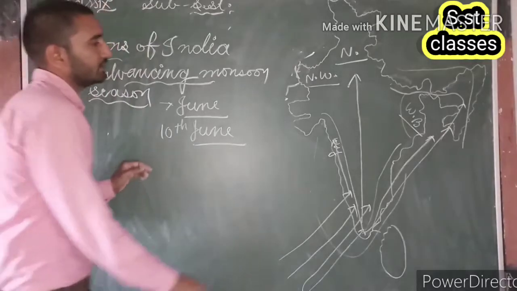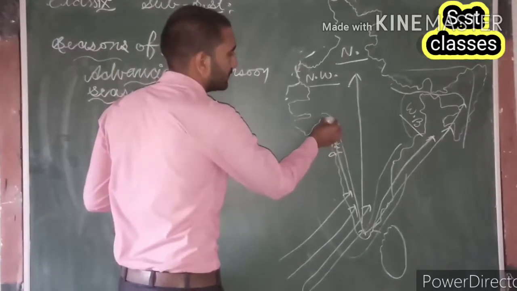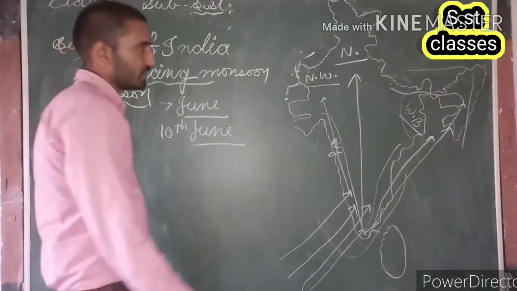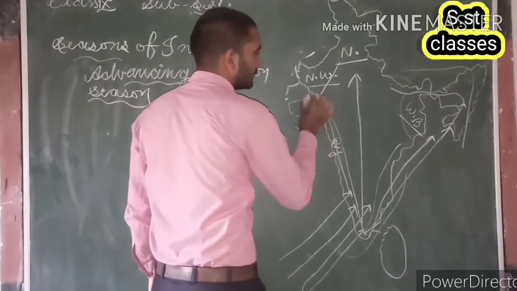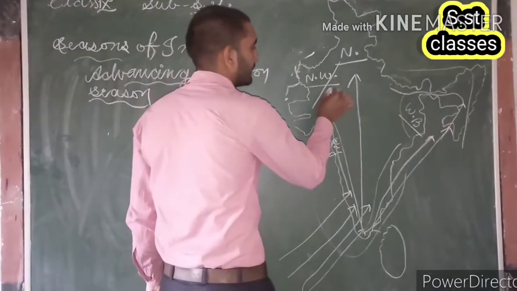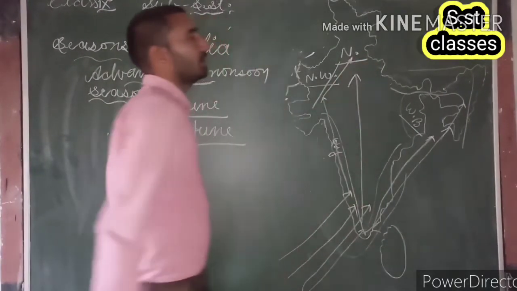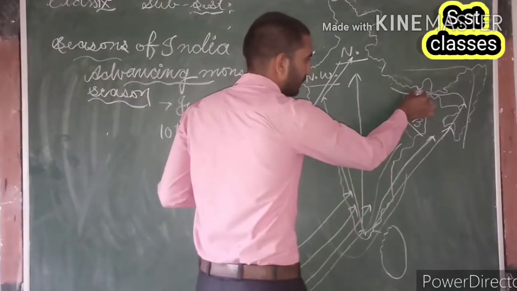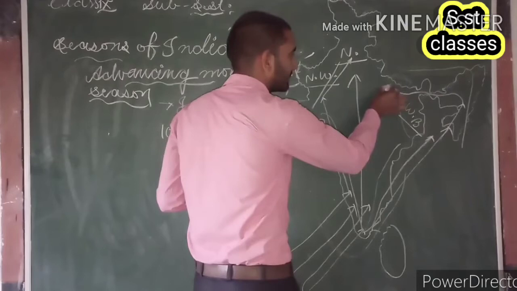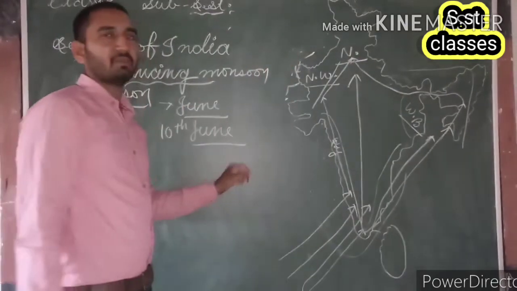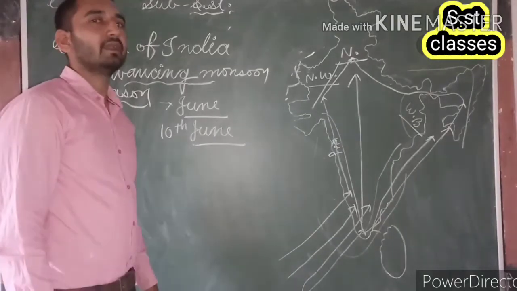On the other hand, the Arabian Sea branch moves towards the northwestern side of the country, and after striking with the Aravalli mountain range, they move towards the Himalaya. And the Bay of Bengal branch also moves parallel with the Tarai region of Himalaya and finally meets with the Arabian Sea branch near Delhi.